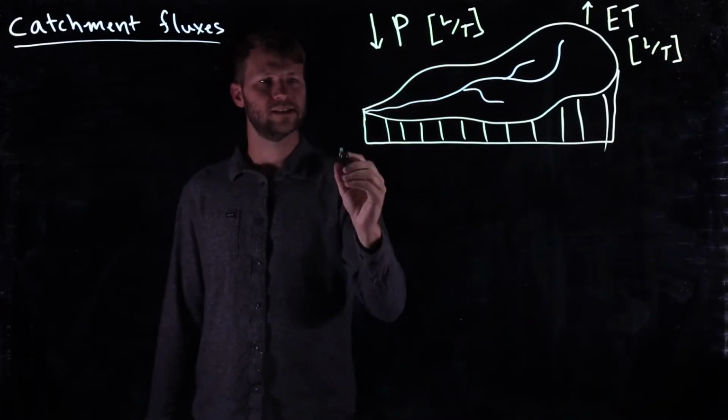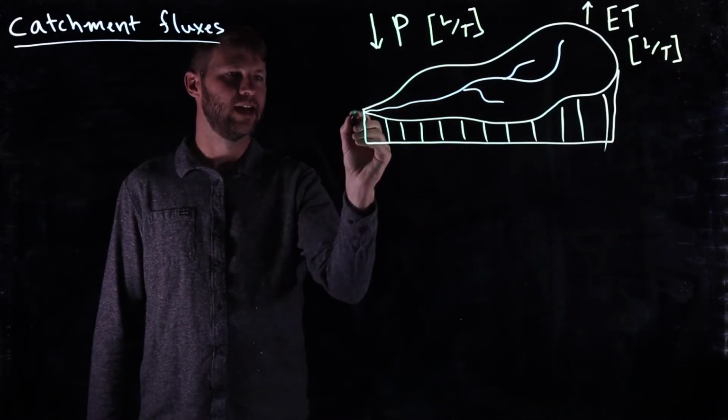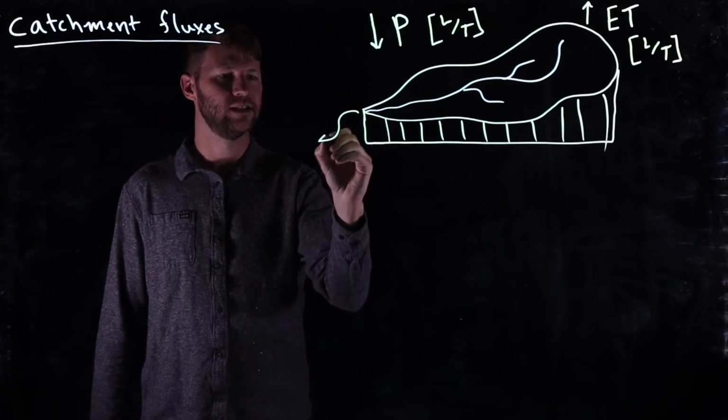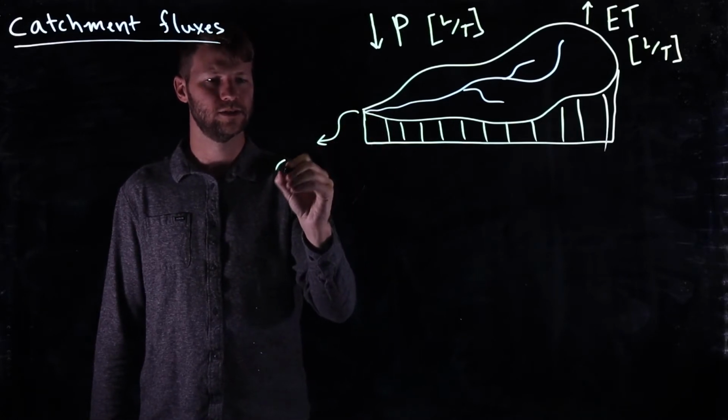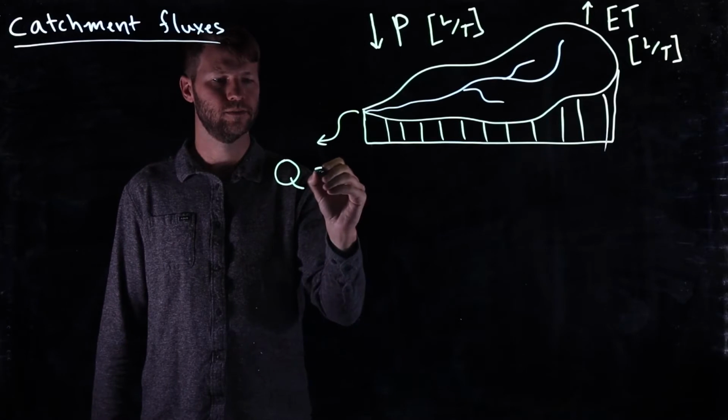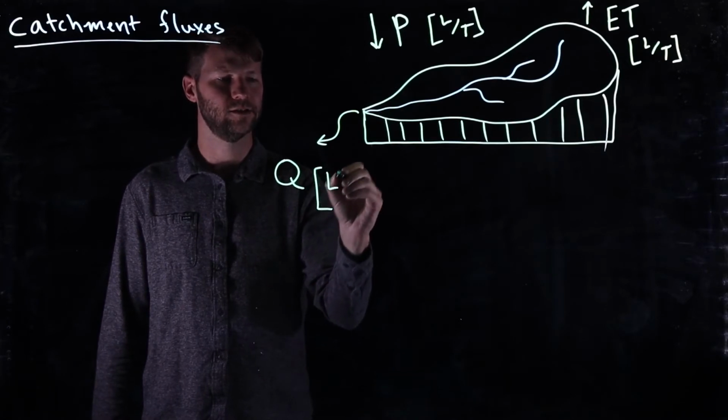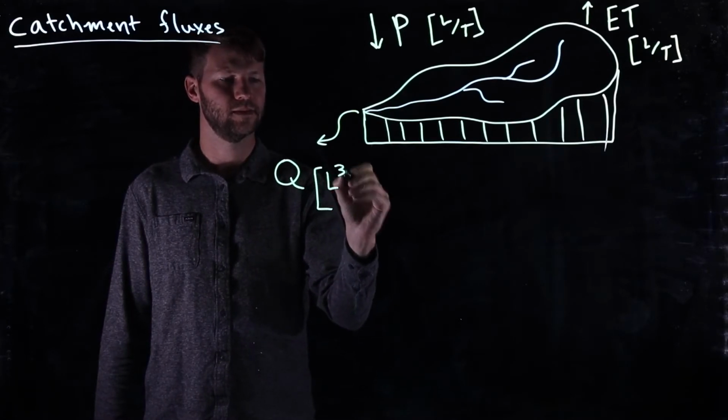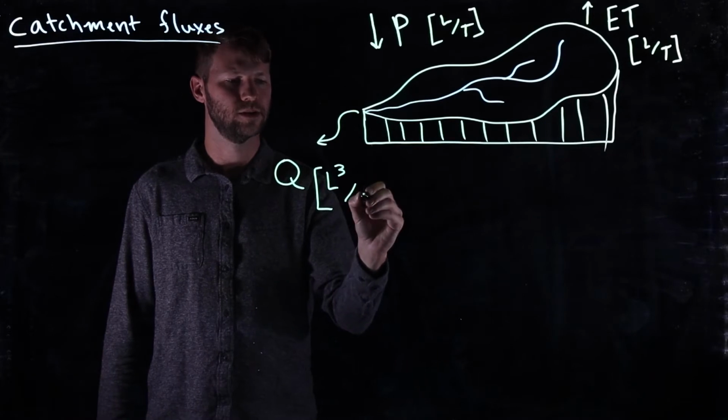There's one other flux that's commonly considered to be coming out of the catchment, and that is the stream discharge, which is typically denoted as Q, and commonly has units of volume per time, length cubed per time.